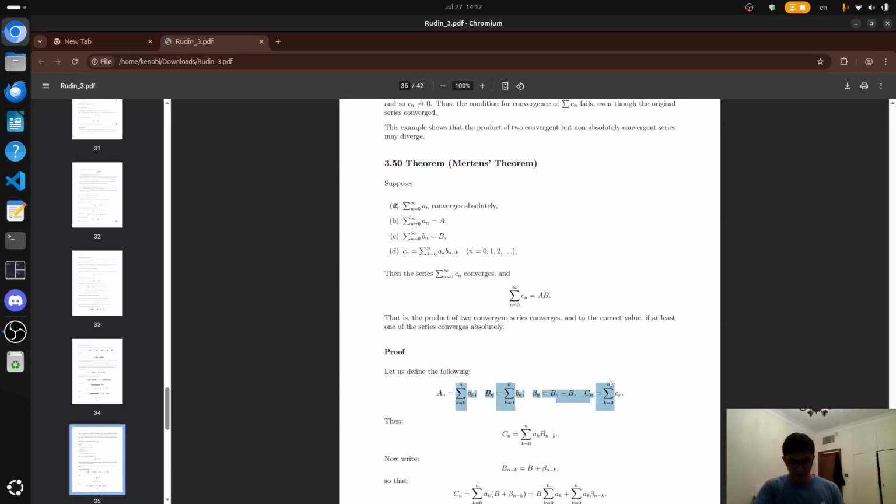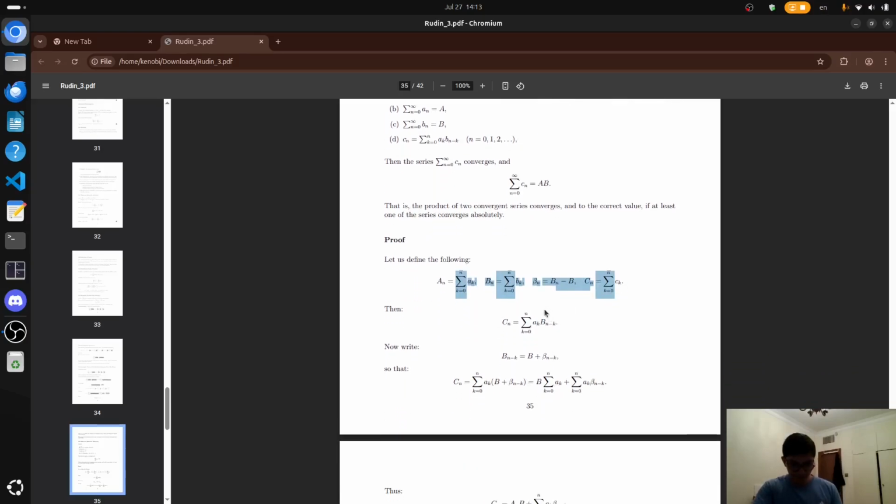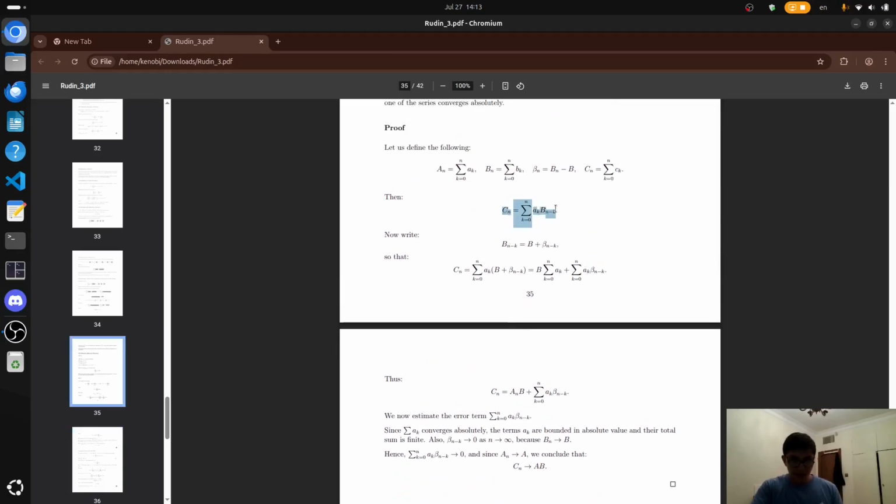So basically you're going to prove it like this. This is the Cauchy product over here, the sum of all these, because for each term you're adding all the terms less than it, for n minus k.